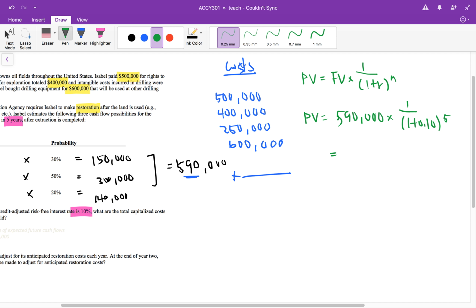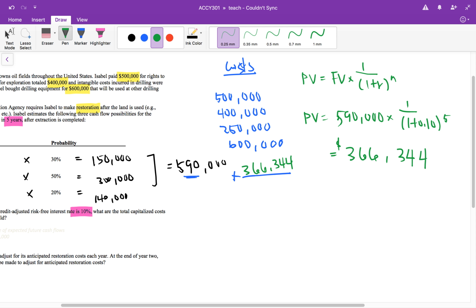So 1.1 to the power of 5, 1 divided by 1.61 times 590,000, you would get around 366,344. And so that would be your plug-in value for restoration costs over here.